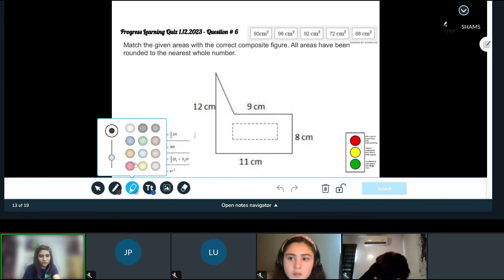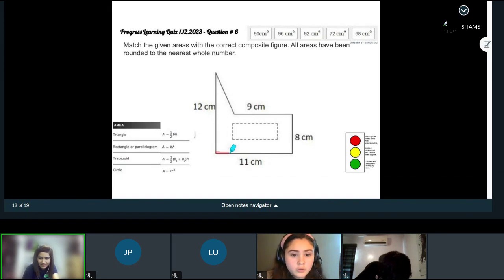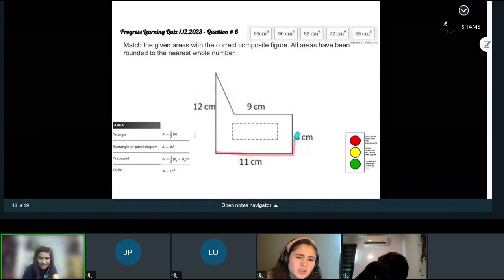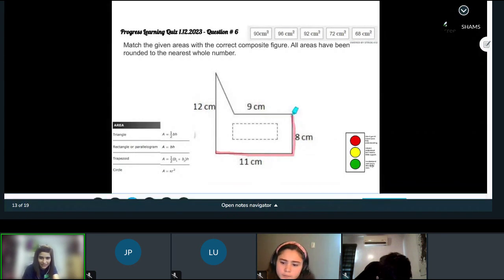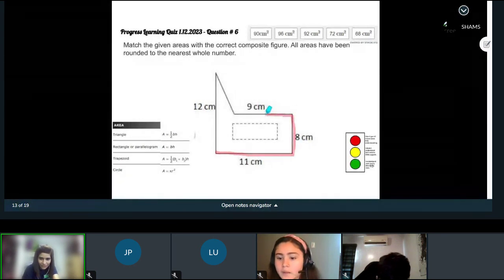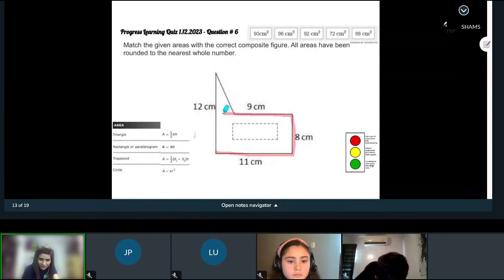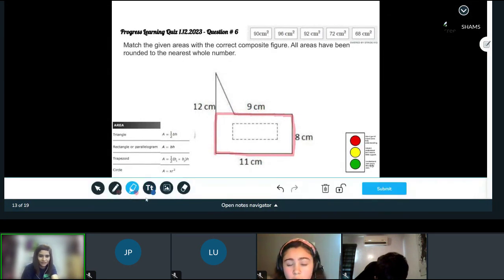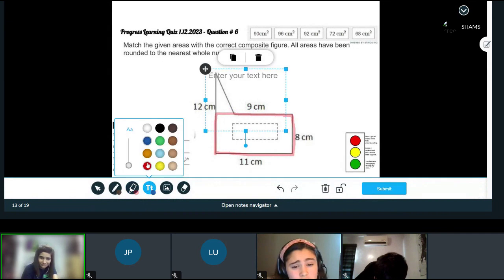So most of you see a rectangle at the bottom, the rectangle's base being 11, and the rectangle's height being 8. And we will complete this rectangular part, so it is easy for you to find its area. To find the area of this rectangular part, 8 times 11.